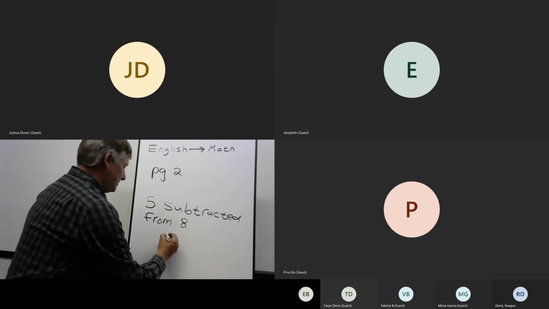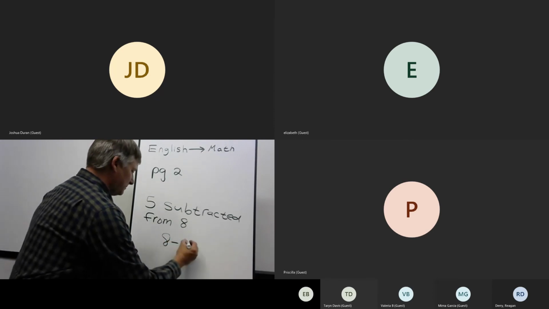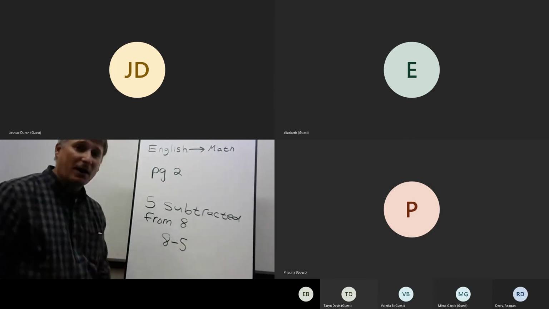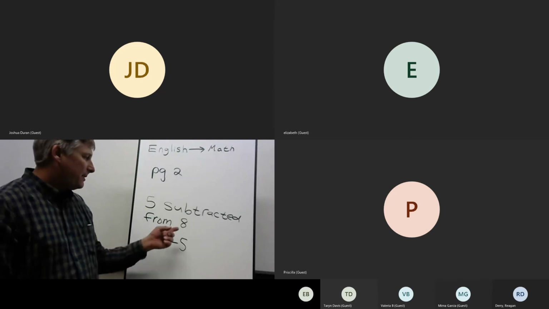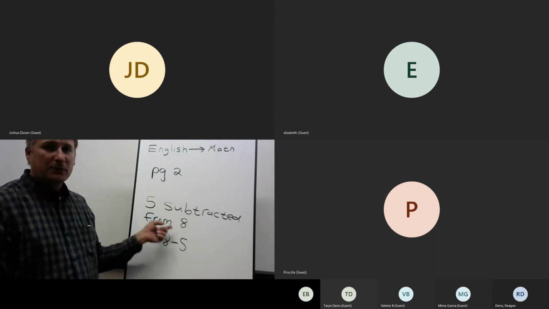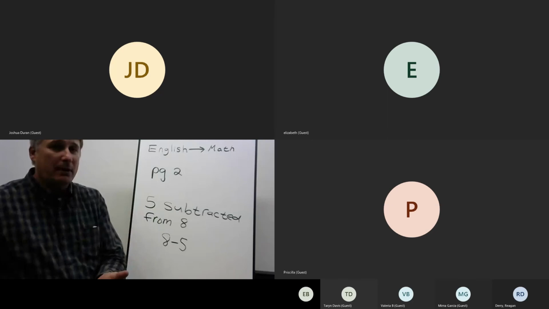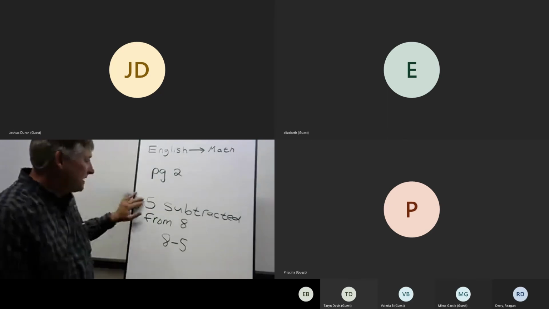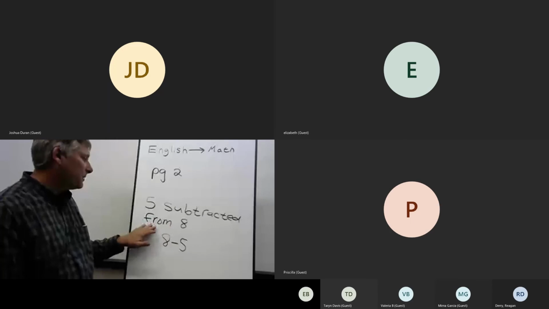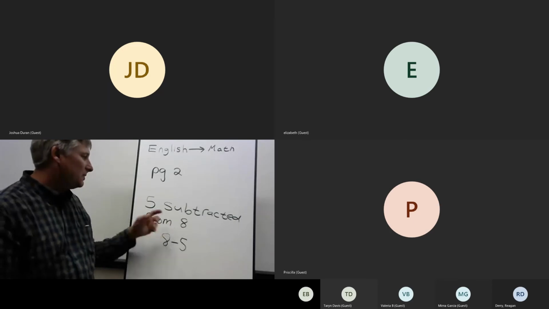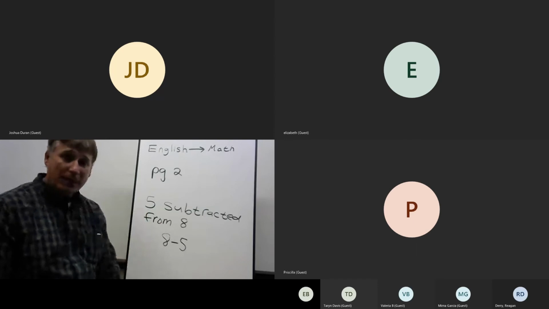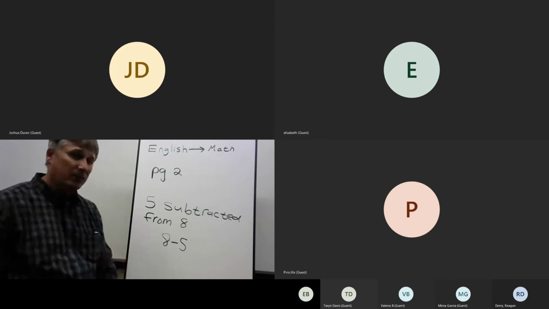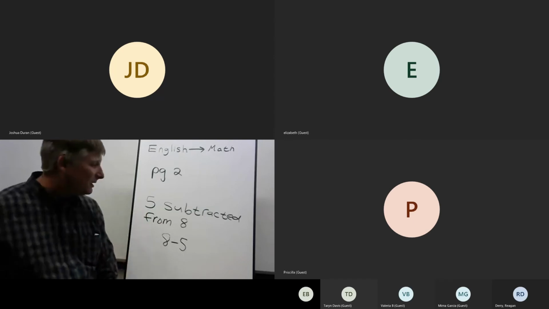This actually means, again, 8 minus 5. In the first two examples, the 8 was showing up first and then the 5, and so we do 8 minus 5. But in this case, we're taking 5 and subtracting it from 8. So even though in our sentence the 5 is written first, we're still doing 8 minus 5. That can be a little tricky when it comes to subtraction.